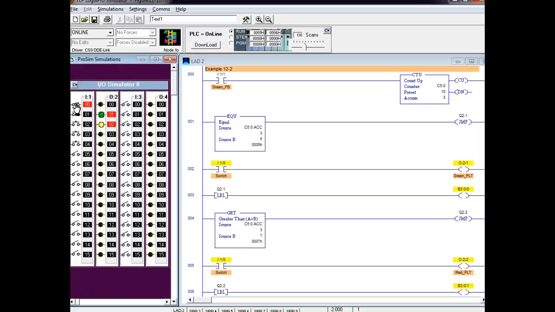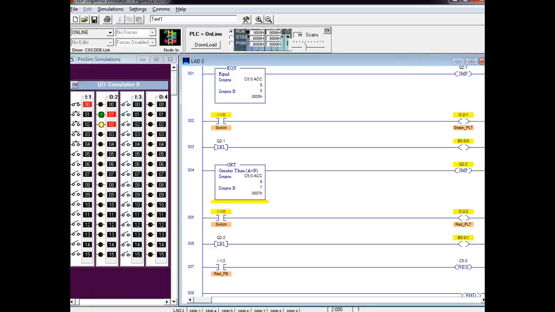All right. And then we come up here and count. Oops, I think I already counted. Where do we reset our counter?